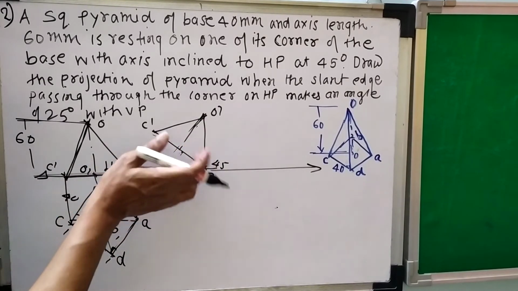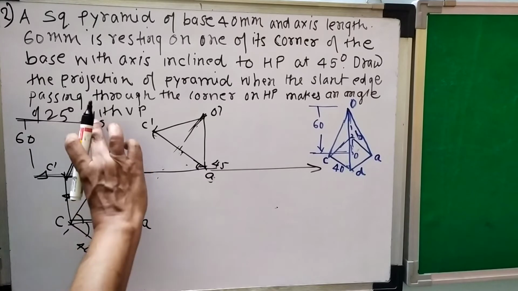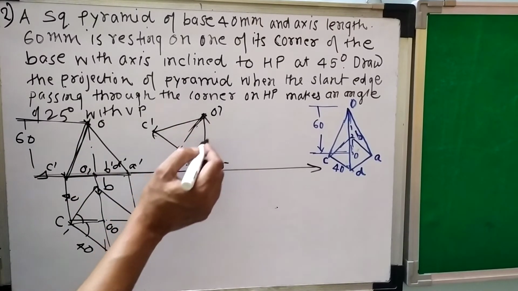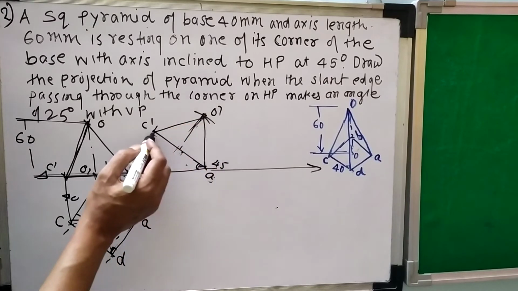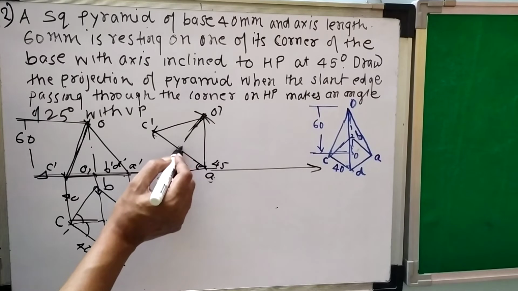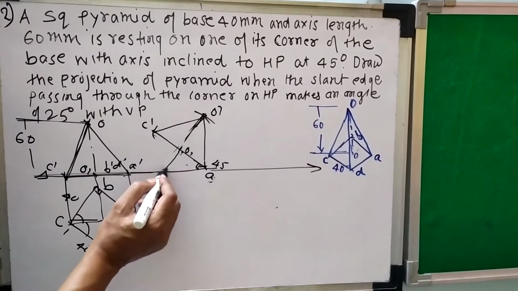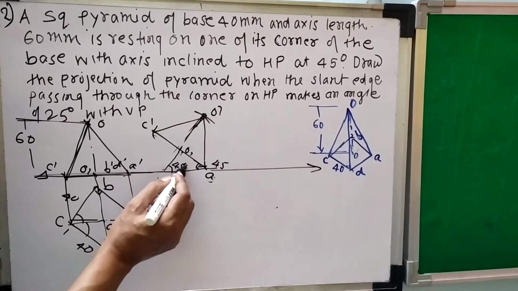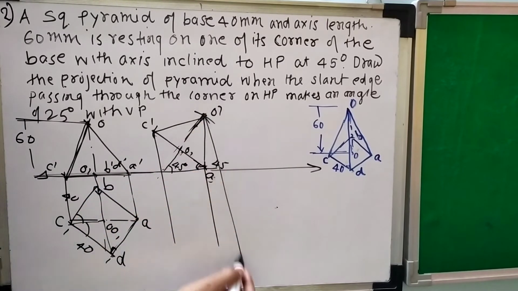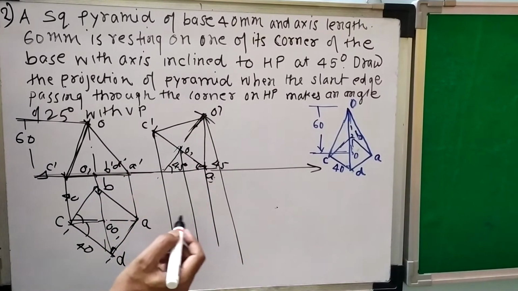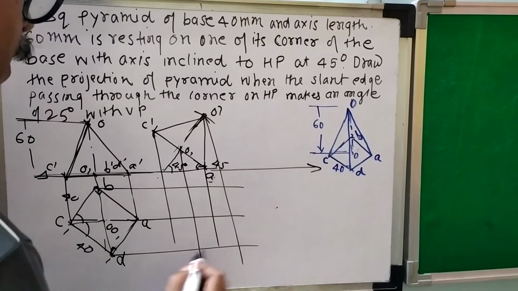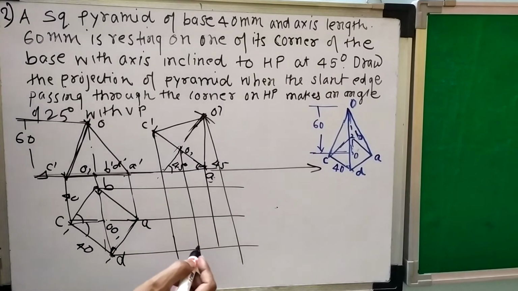So I will take this distance, mark here R. I will take this distance, mark here R, and from this I will take here distance. So I will get this triangle. Now this is the axis I will take, this is O1, and if it is extended, it will be at 45 degrees. And now I will project this O1, and I will project this. Now get the corresponding point.